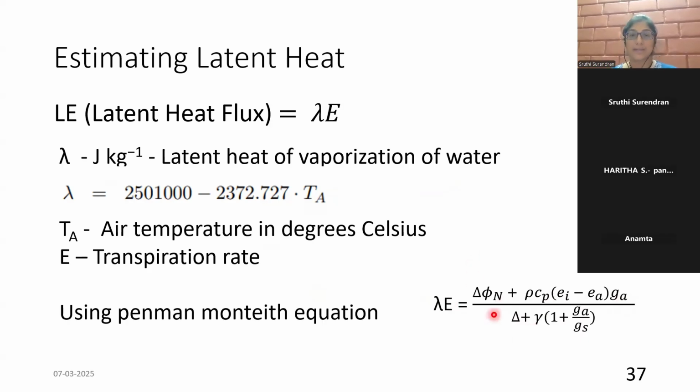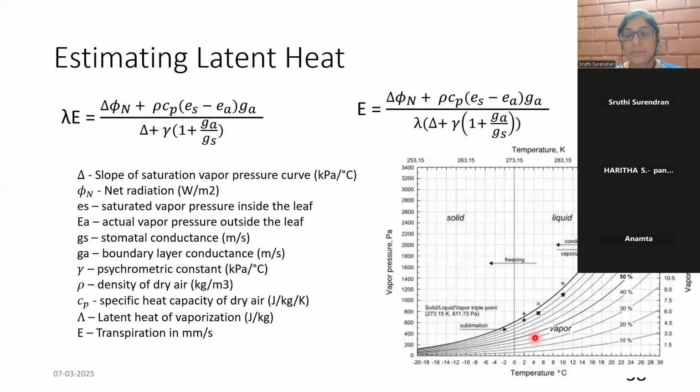So, in order to estimate the latent heat energy, we can use the Penman-Monteith equation. We will just see what the terms in this equation are, because it is a relatively large equation. You don't have to memorize it or anything, but this is something good to know.